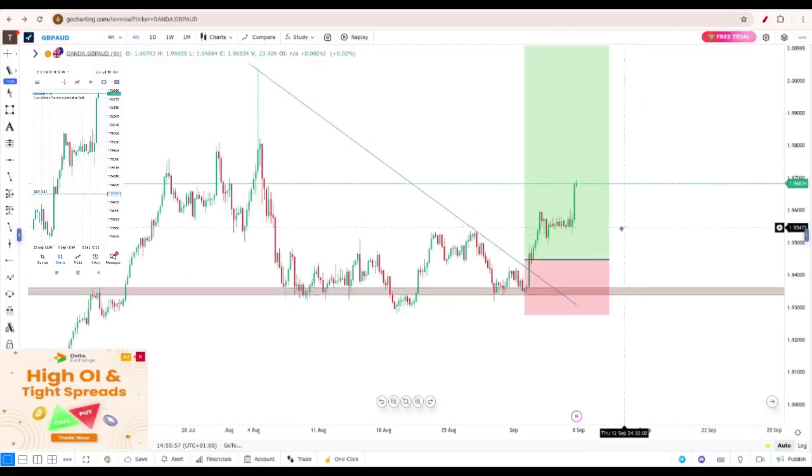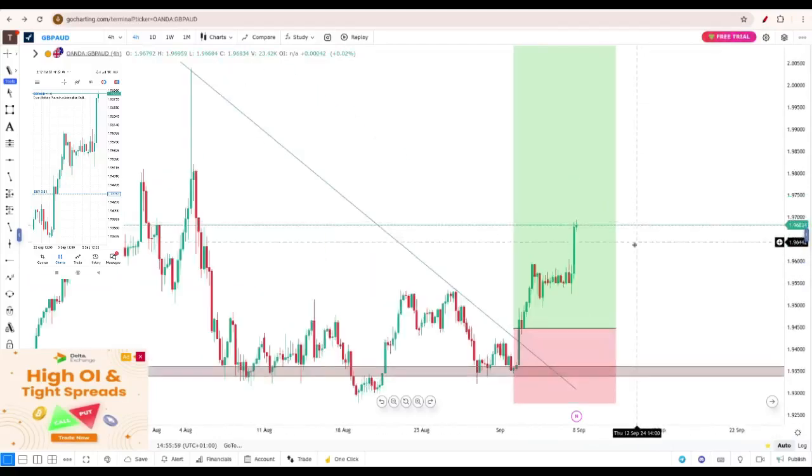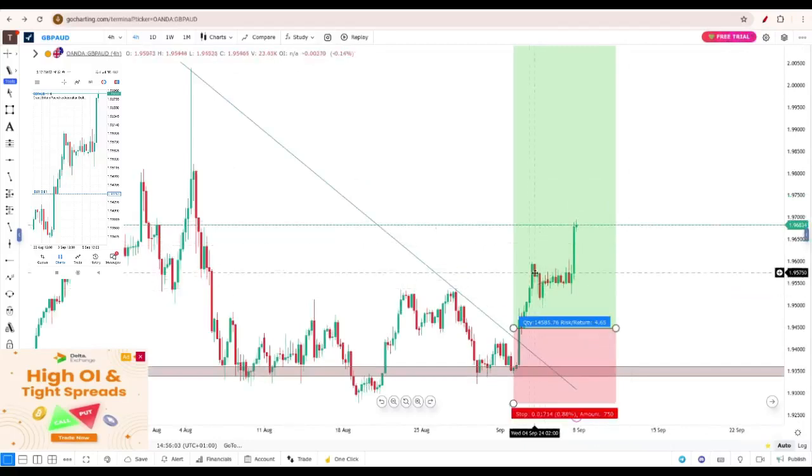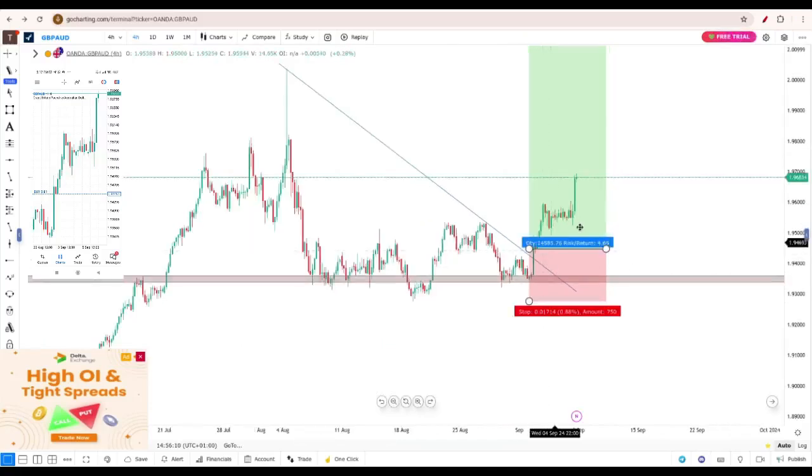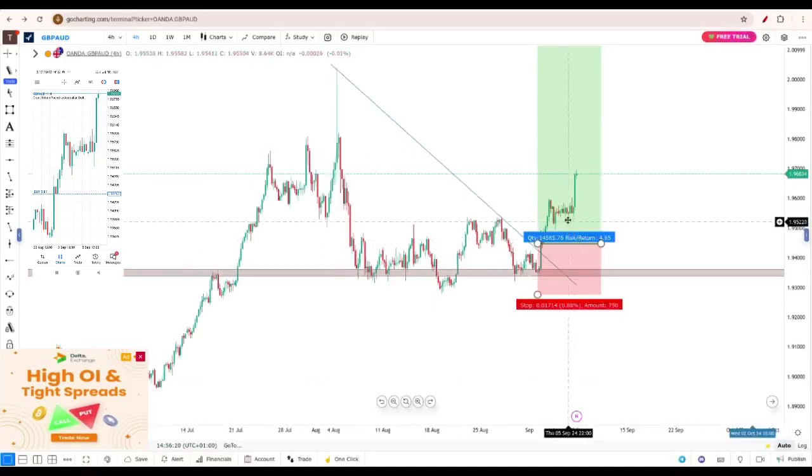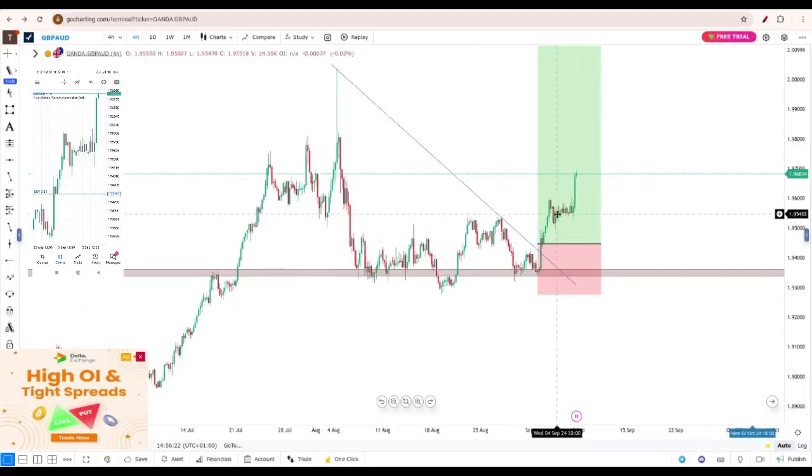So let's assume you are always checking your charts, which is what most people are doing. See, this is the 4-hour time frame. By the time you see any struggling of movements here, you'll be scared that it is coming down again. But if you are not looking at your charts, you will be free from all this manipulation that is about to happen.